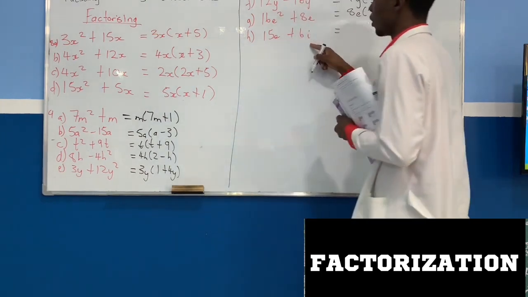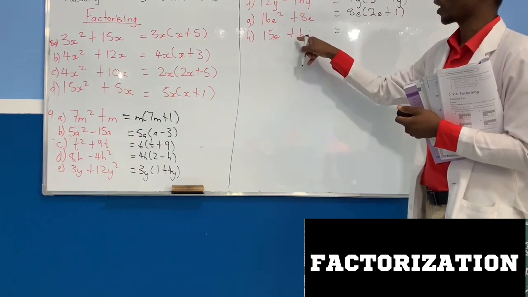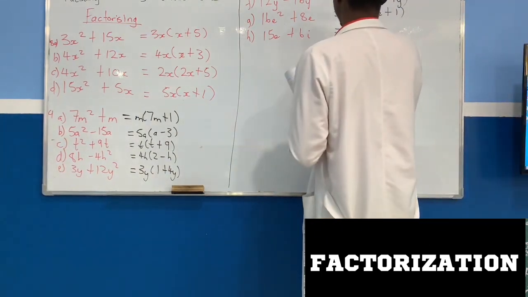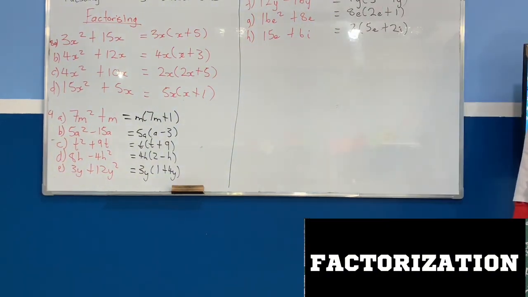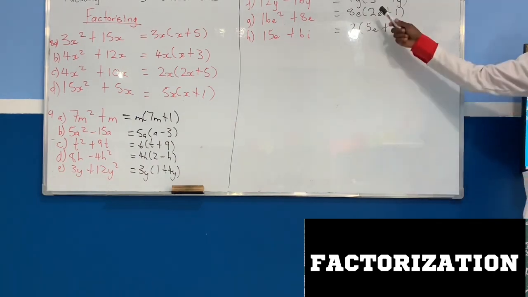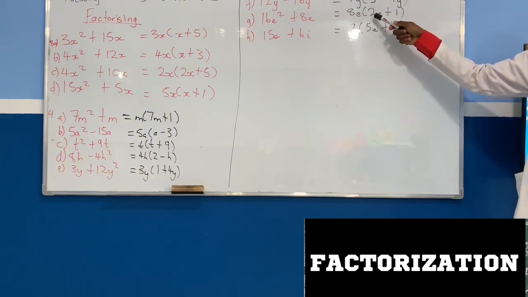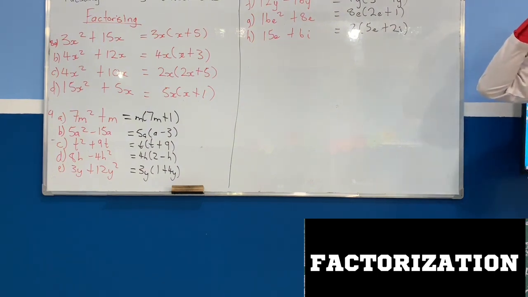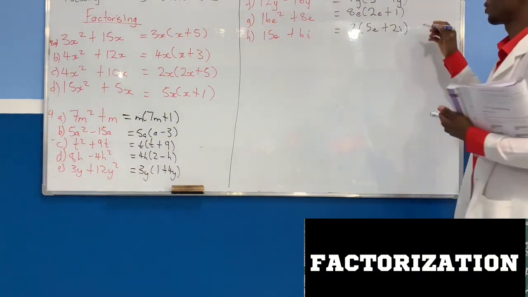Then for this one, you see that the commonality was not in the unknowns, but in the coefficients. So the common factor will be 3 bracket 5e plus 2i. Here you notice that, for example, in question 8, writing 4 bracket 2a plus 1 or 4 bracket 4a plus 2 will not work because there's still some commonality, which means you need to take the highest common factor, which is 8.